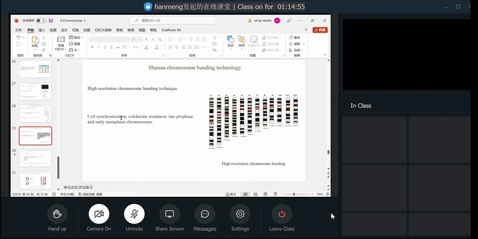In this technique, the cell is synchronized with the cortisone treatment, and the late prophase and early metaphase chromosomes are collected, then stained with the Giemsa dye. Then we will get more fine structures of the chromosome.